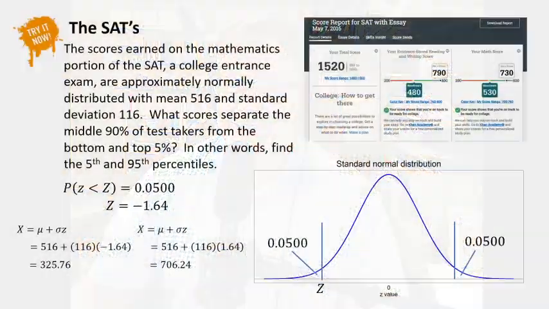Welcome back. You're getting some insights into what the ranges of scores are on the SAT. We're looking at the math section, which has a mean of 516 and a standard deviation of 116. But we can ignore all of that at first and just take a look at the standard normal distribution, and ask ourselves, how do we find the middle 90% of the distribution?